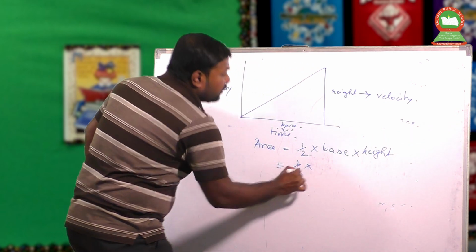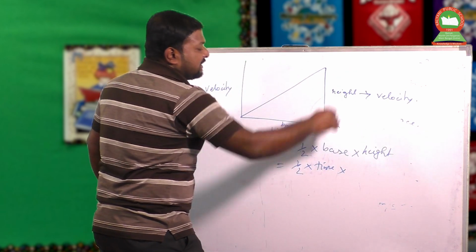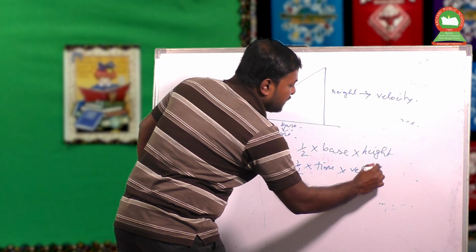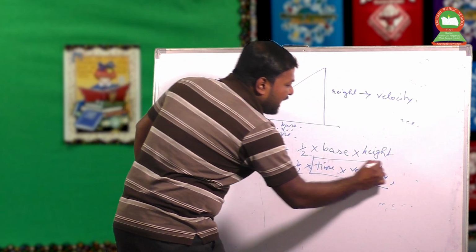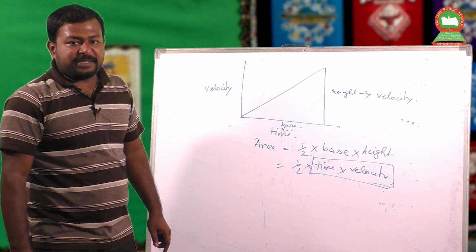Now half into base is time, height is velocity. Now velocity into time gives you the amount of displacement.